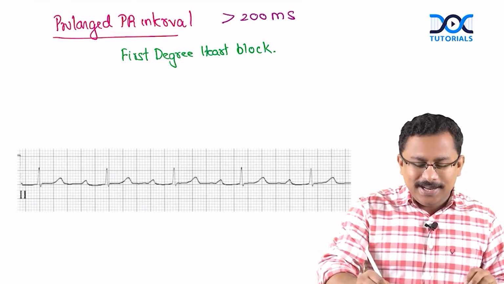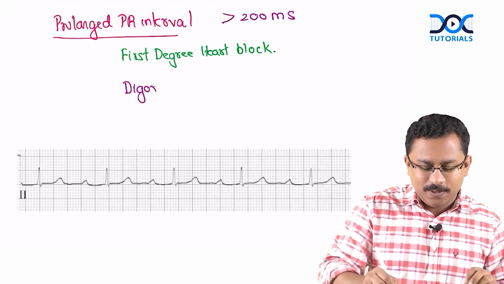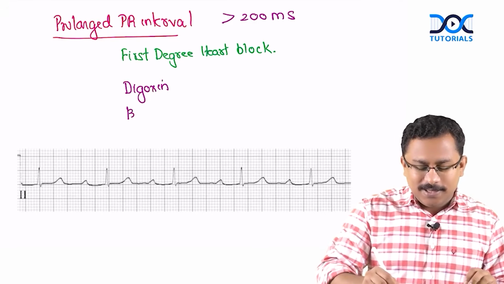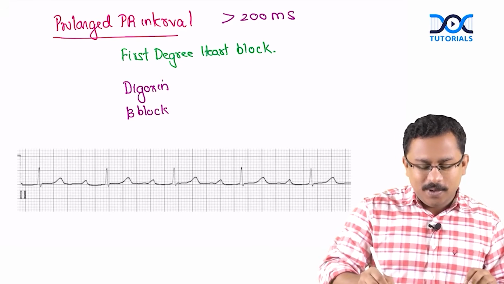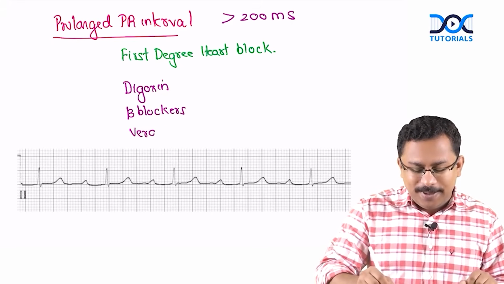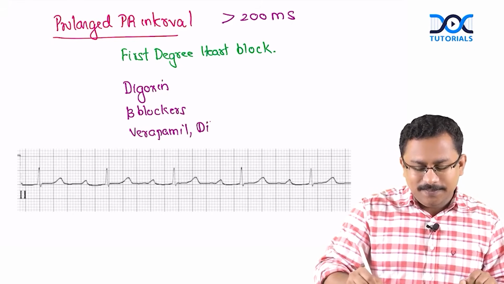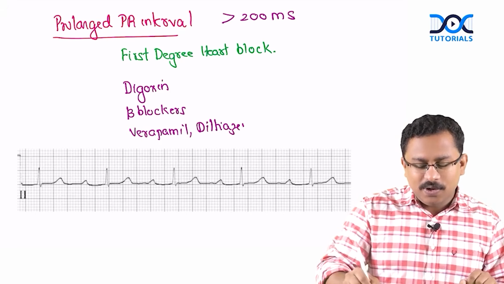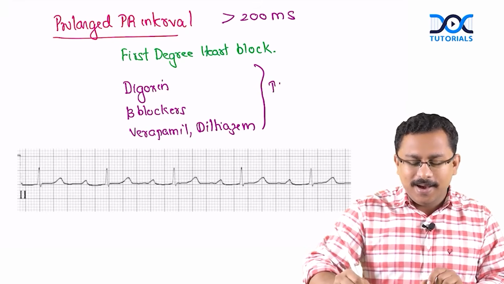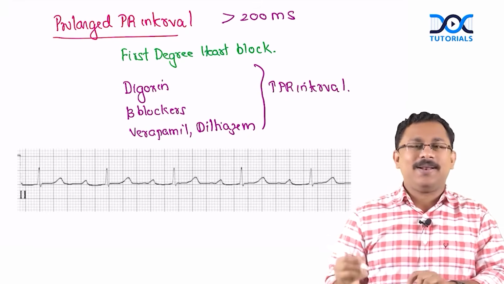So when you consider drugs like digoxin, or beta blockers, or calcium channel blockers like verapamil and diltiazem, these all can lead to prolongation of PR interval. Okay, an increase in the PR interval.